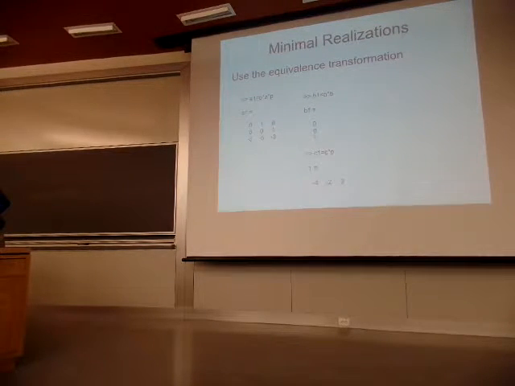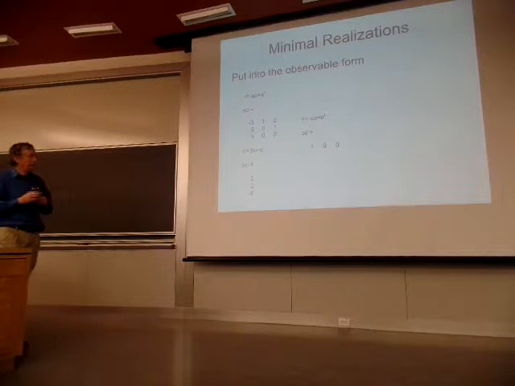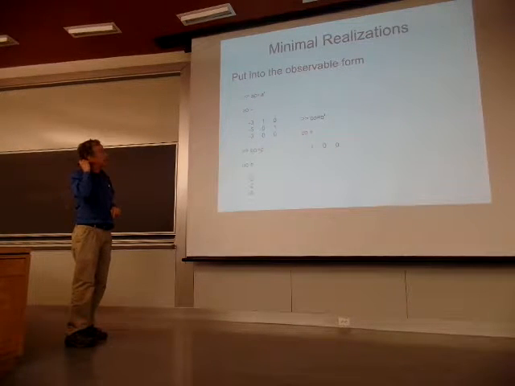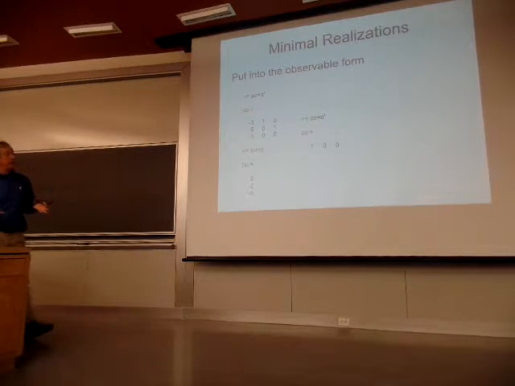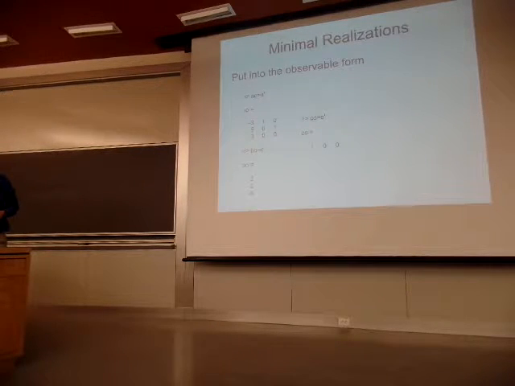Multiply my A matrix times that, and I have it in observable form. In fact, all I have to do is find the transpose of it, and I'll put it in observable form. So being able to do transposes between observable and controllable is an easy way of doing it.